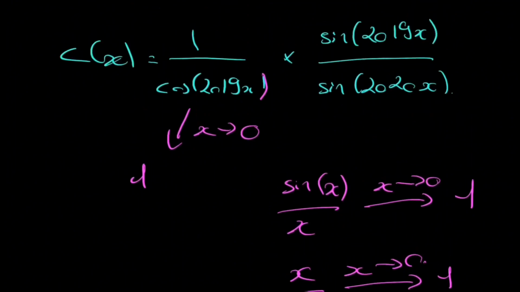So what do we want to make appear here? We want to make appear things like sinus of some x over x. And so we want to make appear 2019x on the bottom, and at the top 2020x. How do we do that?